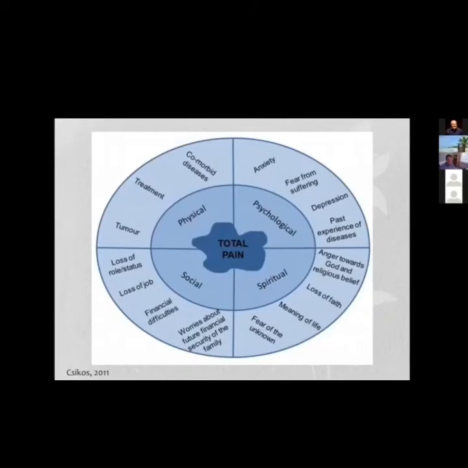But for many patients we really do always come back to this concept of total pain, where suffering and the pain they're experiencing is a sum of the physical, psychological, social, and spiritual experiences that they're encountering.